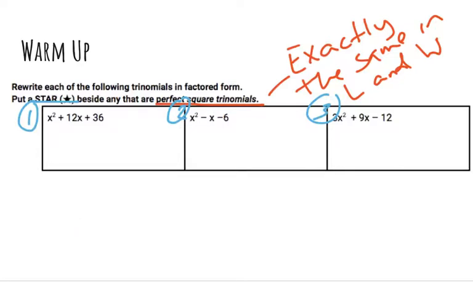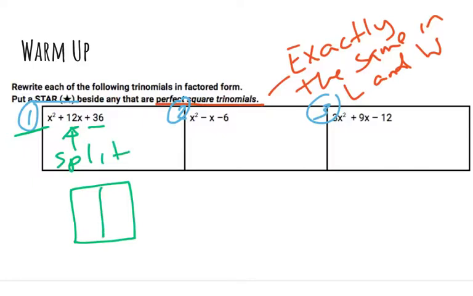Okay. So let's look at number 1. I have x squared plus 12x plus 36. So I'm going to set up my area model. Okay, and remember, this 12x kind of gets split between two boxes, right? So that would be split between here and here, right?